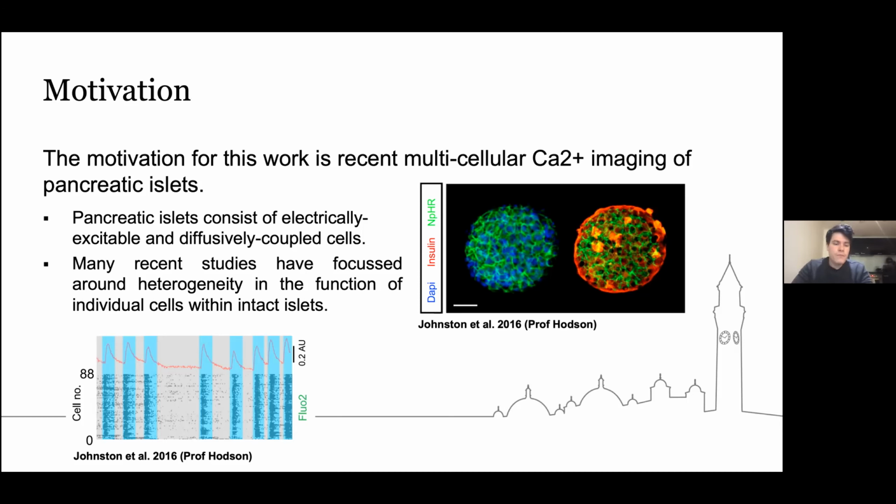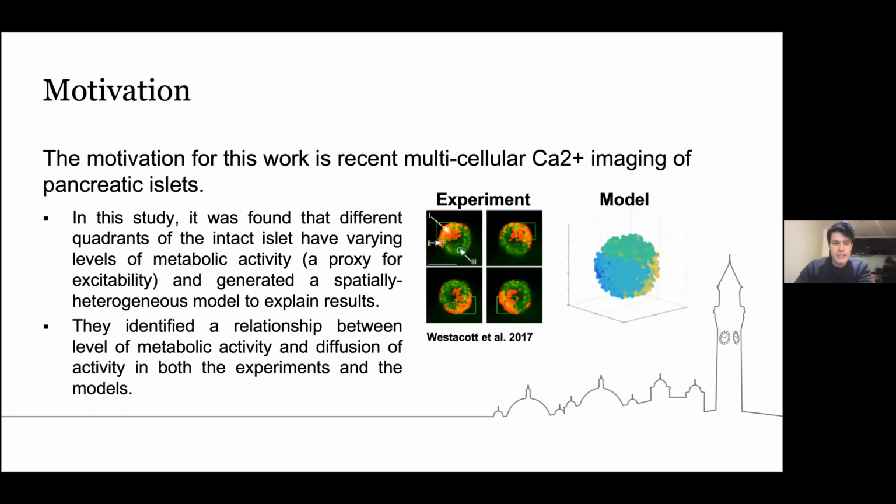And so what's been found to a high degree is that while these things do synchronize, heterogeneity in function and heterogeneity in the genetic profiles of the cells within the islets is crucial to the proper functioning of the islet. And so we're going to take a look at one example, and this will be the direct motivation for what I've been working on.